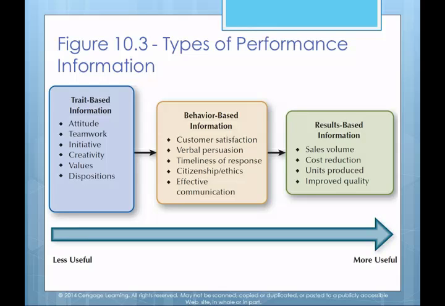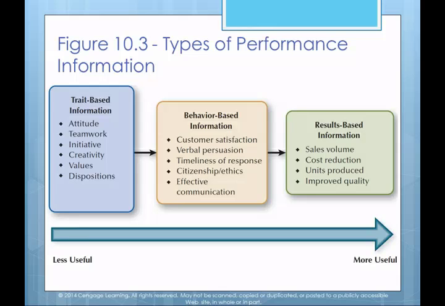In the middle is behavior-based information: customer satisfaction, verbal persuasion, timeliness of response, citizenship, ethics, effective communication. And then results-based, which is more useful: sales volume, cost reduction, units produced, improved quality.